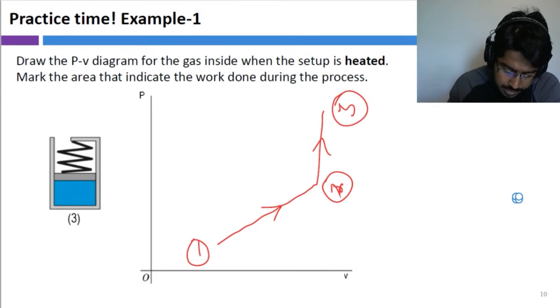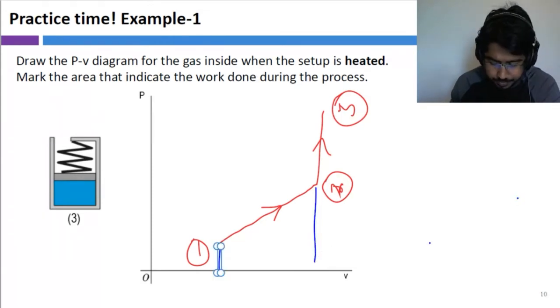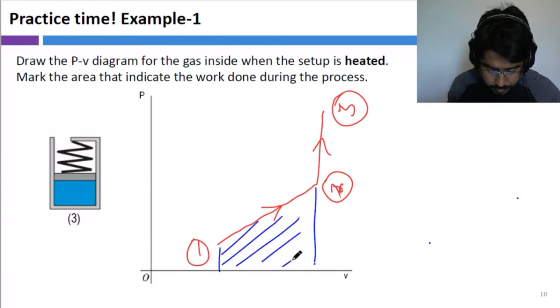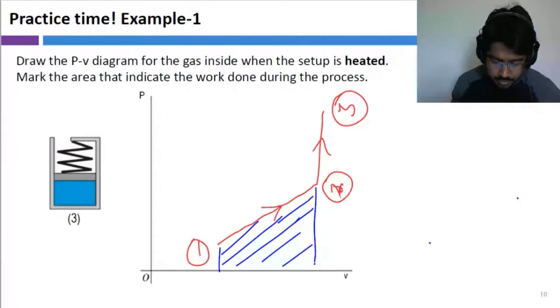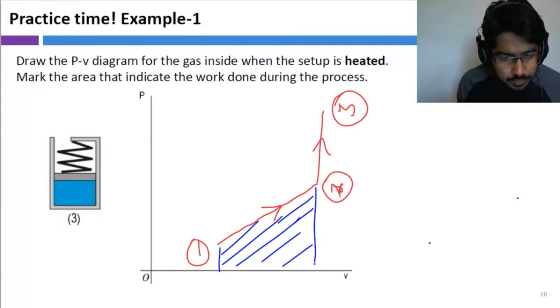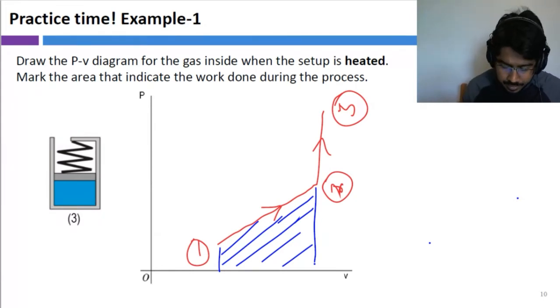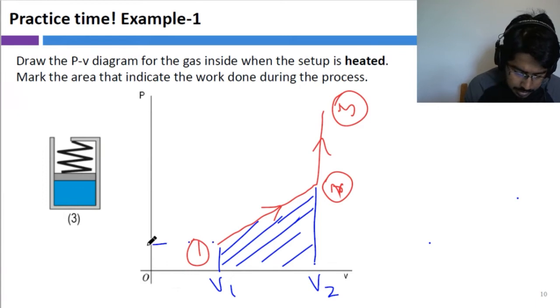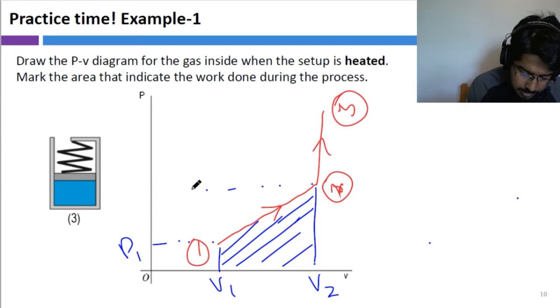So the work done during process 1 to 2 can be indicated by this area. If we want to calculate this work, this would be V2, this one would be V1, this one would be P1, and this one would be P2. How do we do that?